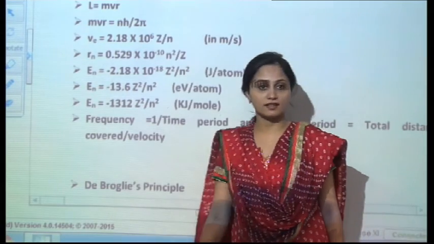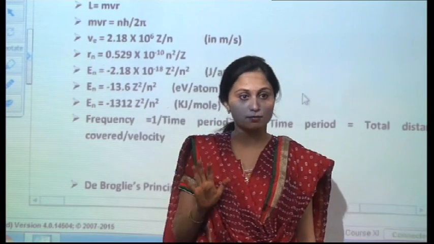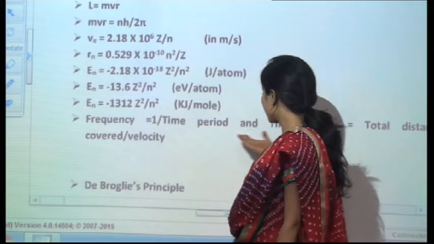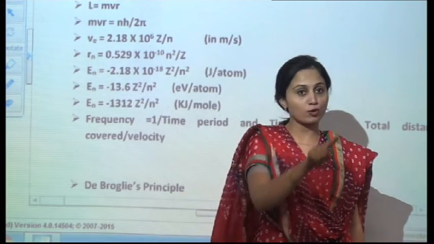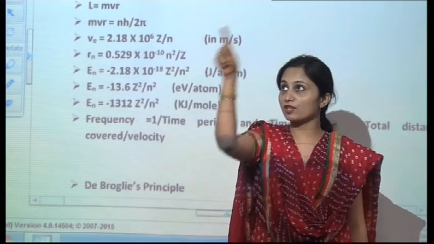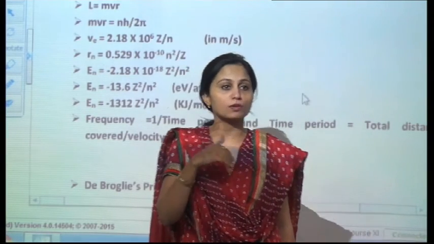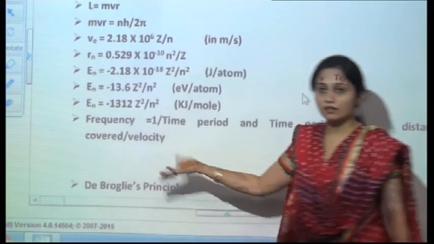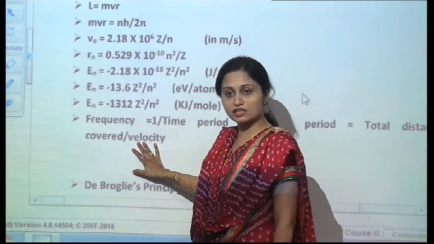Then frequency. There was a numerical that we had done based on it. Numericals of this type can also be asked, where the twist is that you are given the total distance covered. How will the electron move? It will move in a circular pathway. And what is the circumference of a circle? 2 pi r. So generally the total distance covered by an electron will be 2 pi r, and the velocity will be the speed given in a particular direction, so the velocity will also be mentioned.